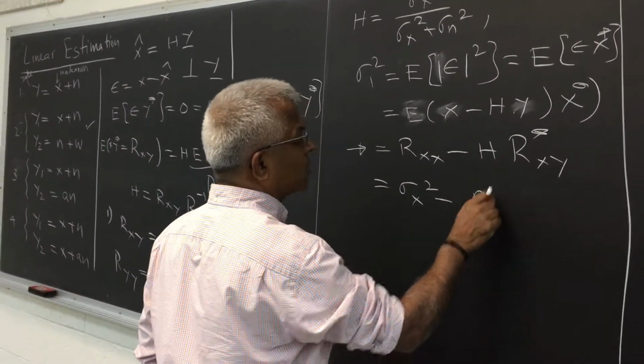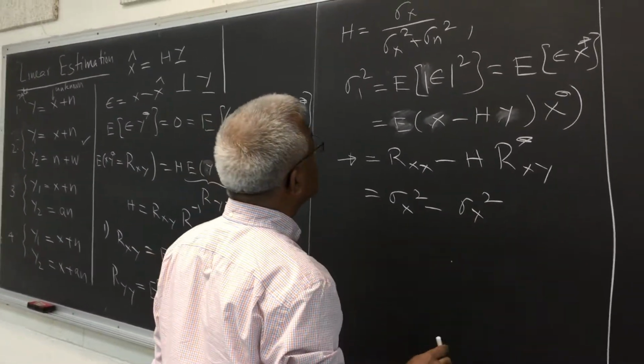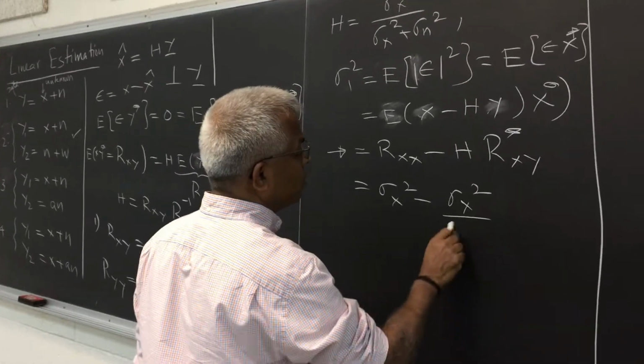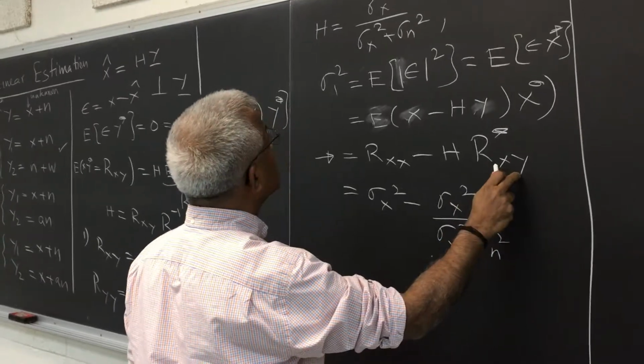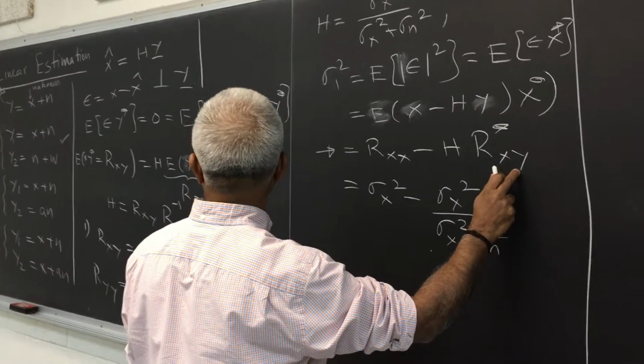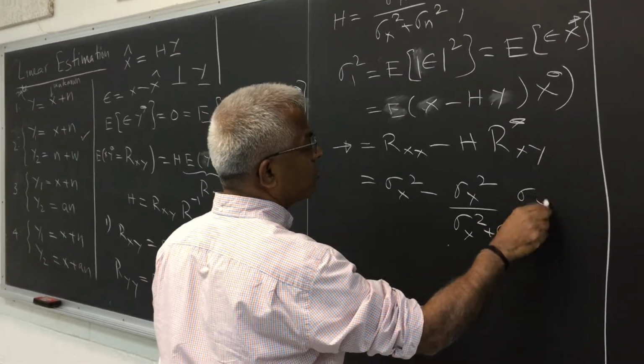Sigma x squared minus, I substitute for h, sigma x squared over sigma x squared plus sigma n squared, multiplied by r xy, which is once again sigma x squared.